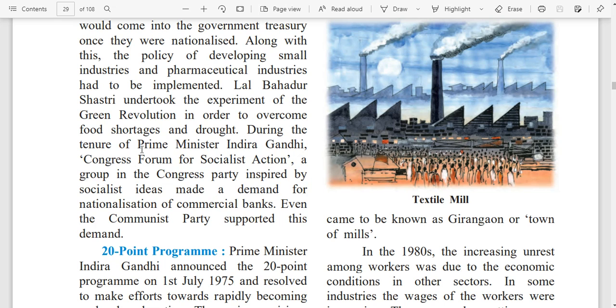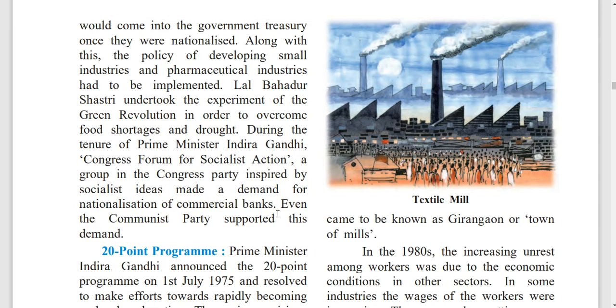During the tenure of Prime Minister Indira Gandhi, the Congress Forum of Socialist Action, a group in the Congress party inspired by socialist ideas, made a demand for nationalization of commercial banks. Even the Communist Party supported this demand.